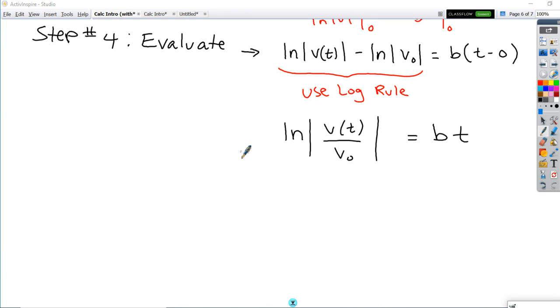To get what's inside the log out, we have to use the base e. So if we take both sides, what you do to one side, you do to the other. So if I use the base e and put this term into the power, I can unlock what's inside of the log.